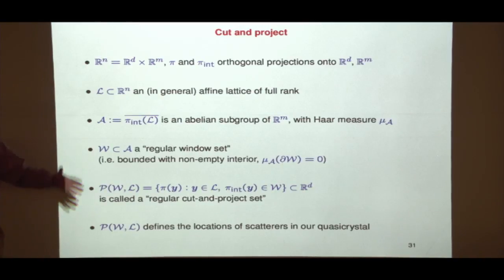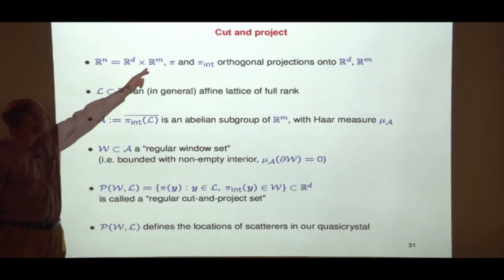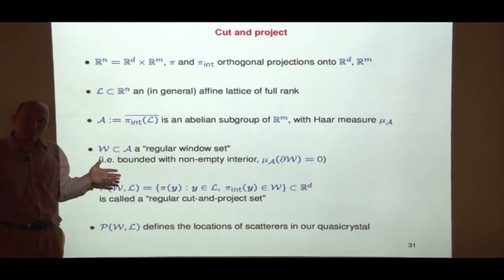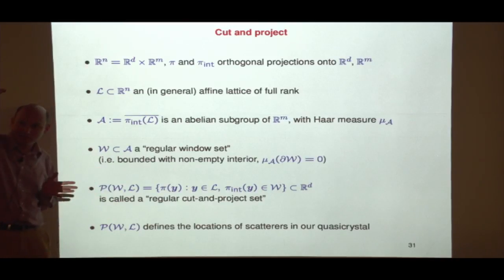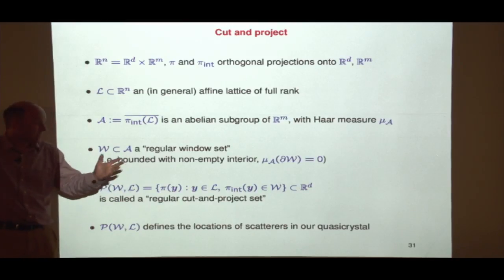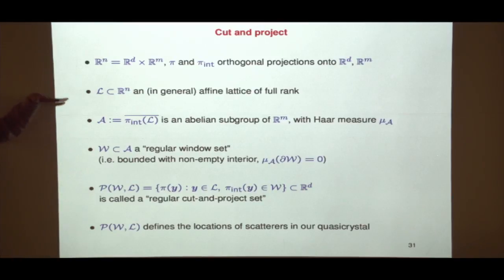So we don't want it to align with the coordinate axes here. Like, we don't want to use the cubic lattice, because then we would have trivial projections in all directions. We want it to be sitting in there generically, so that the projection onto R^d is dense in some way.